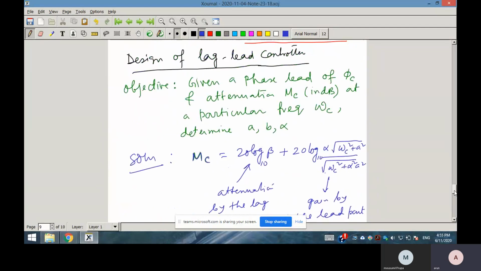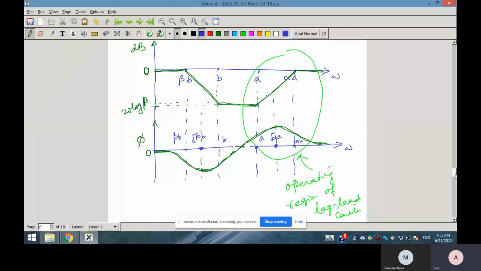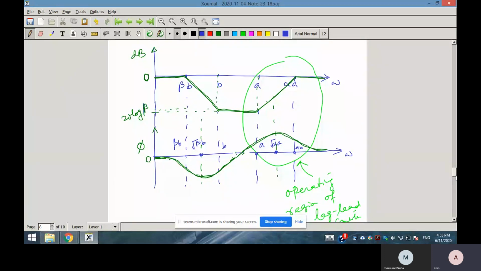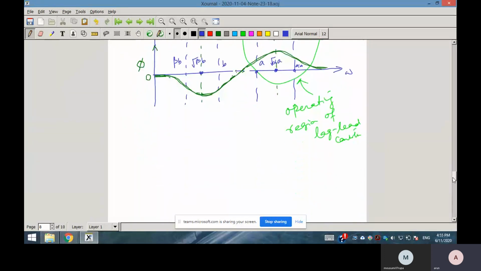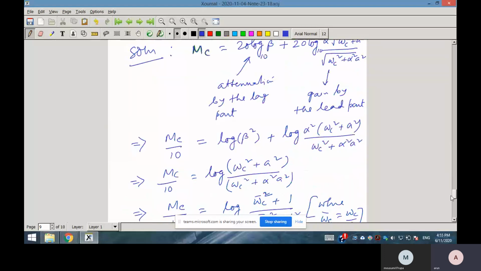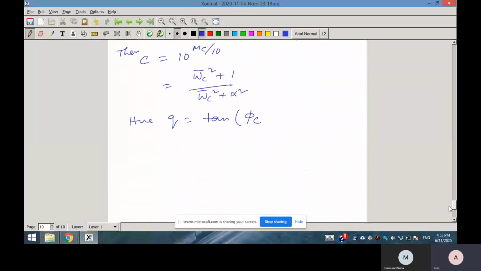But because of the presence of the lag part, it will provide a very small amount of phase lag also. That means ultimately I have to provide a little bit more phase lead, so as to compensate the phase lag provided by the small phase lag, say 2 to 5 degree phase lag, or 1 to 5 degree, provided by the lag compensator.